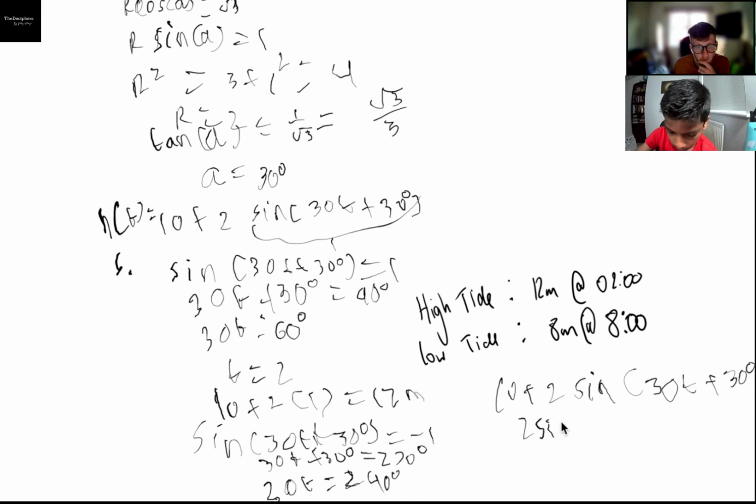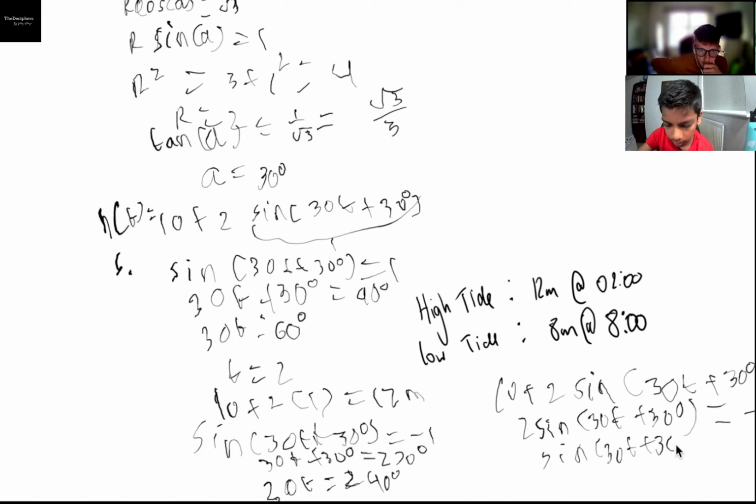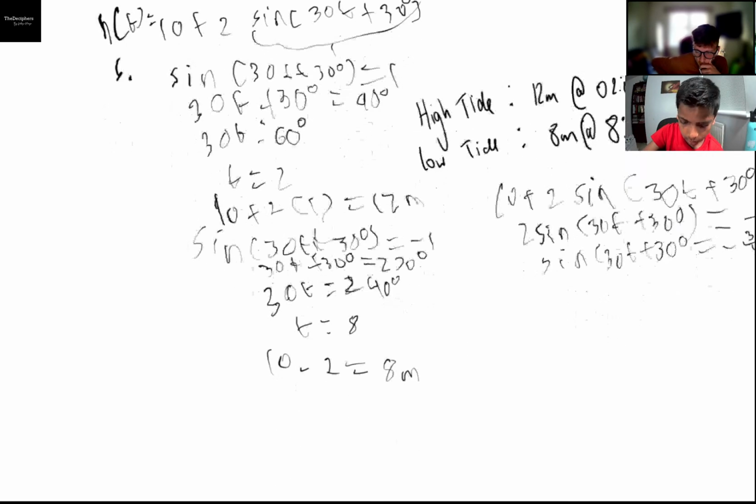Then 2 sine of 30t plus 30 is negative 1.5. So sine of 30t plus 30 degrees is negative 3/4.